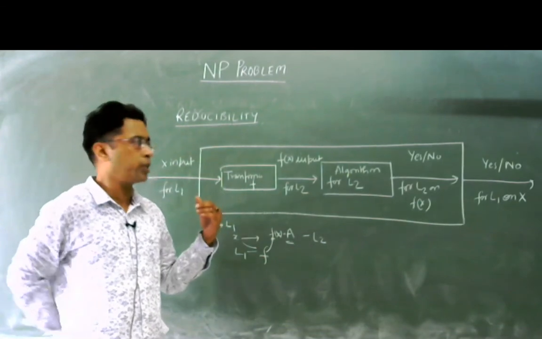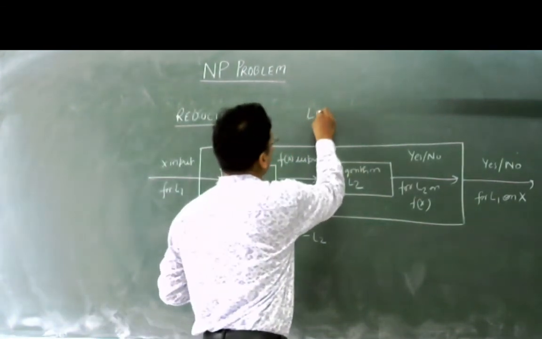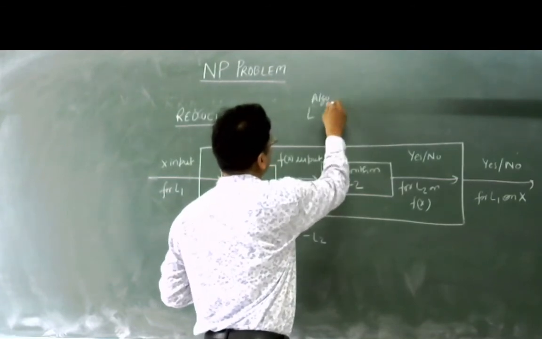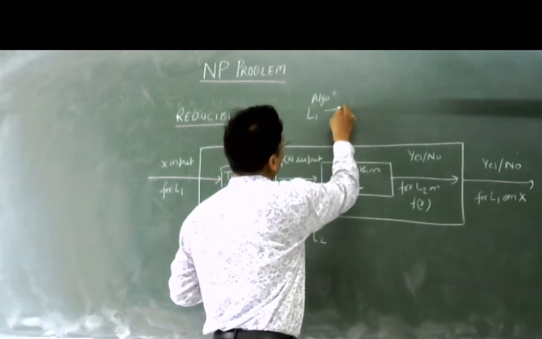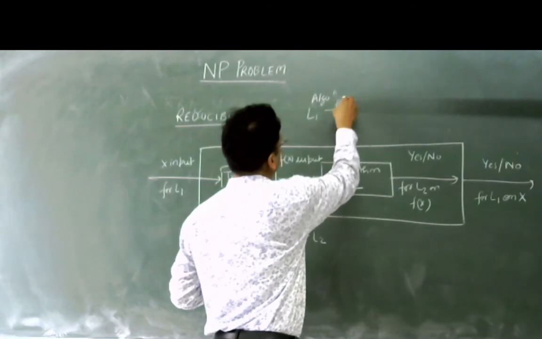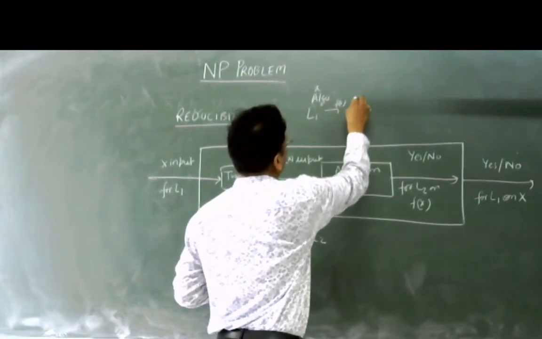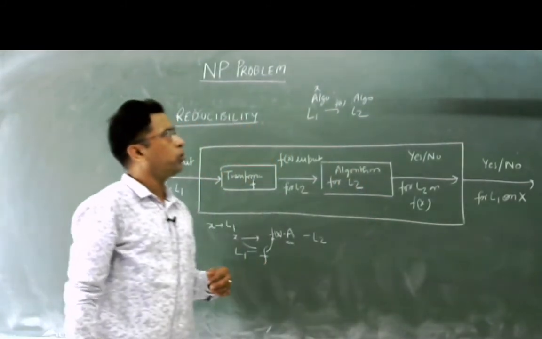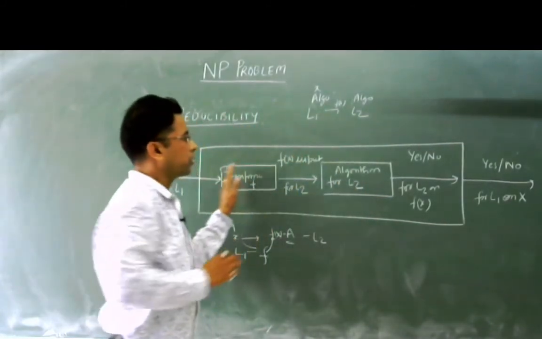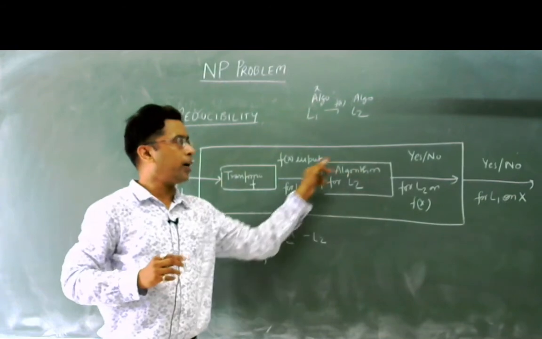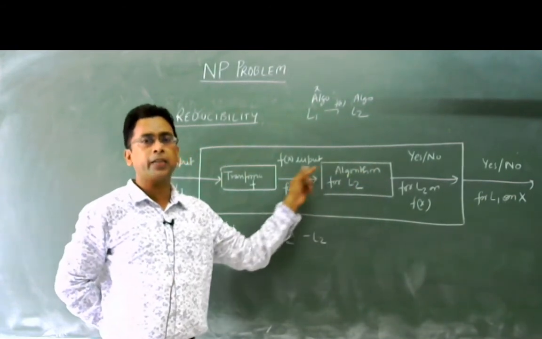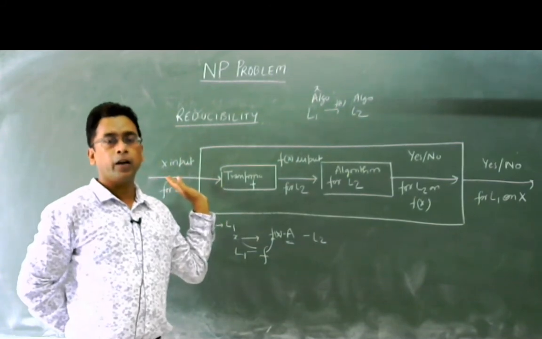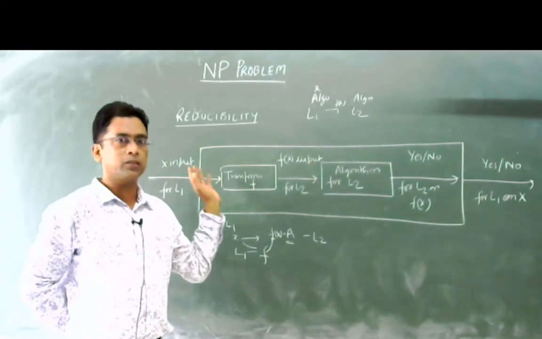Means you are reducing the problem of L1 by converting x with the transformation function for the algorithm of L2. So the algorithm of L2 comes as a part of the algorithm used to solve the L1 problem.